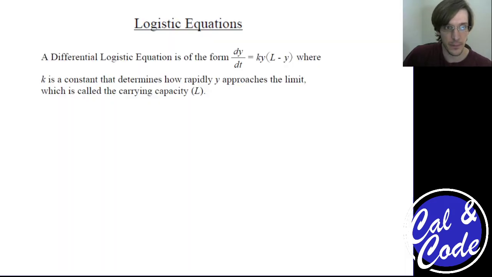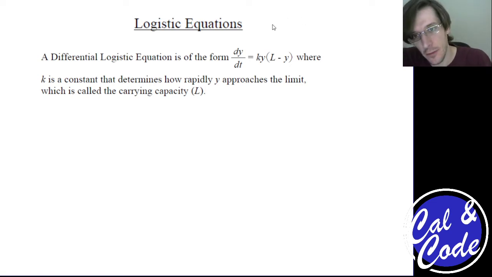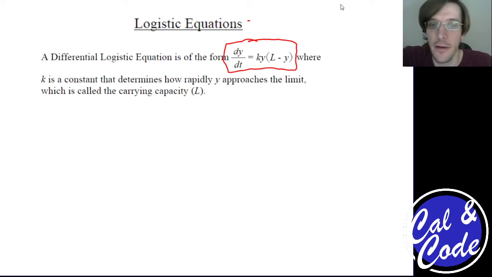So here we go. This is the part that you need to make sure you recognize. If you look over here on this slide, this part right here is the form of a logistic equation.